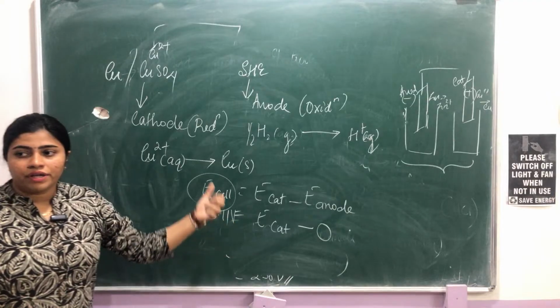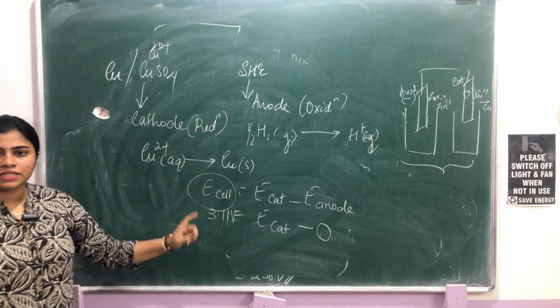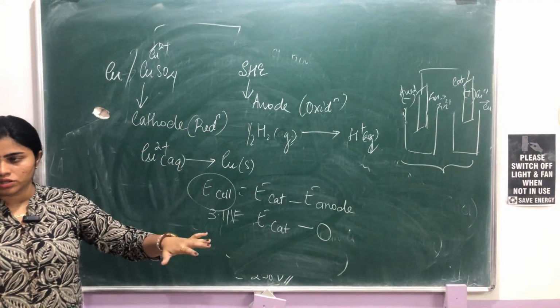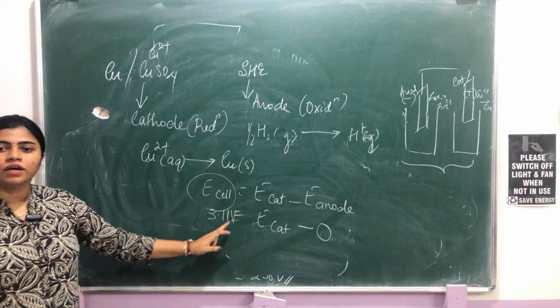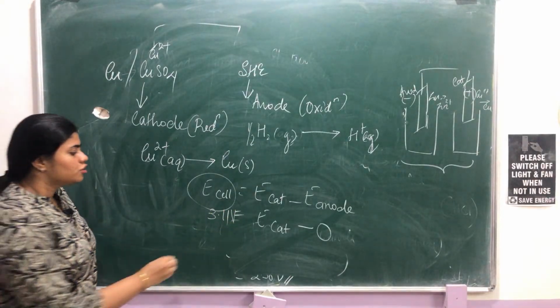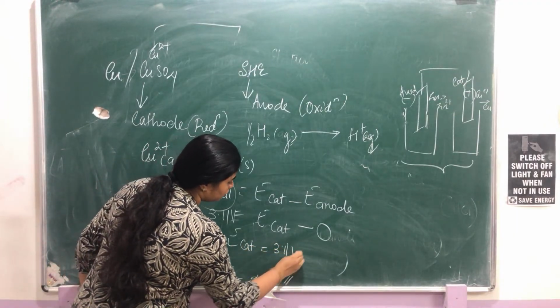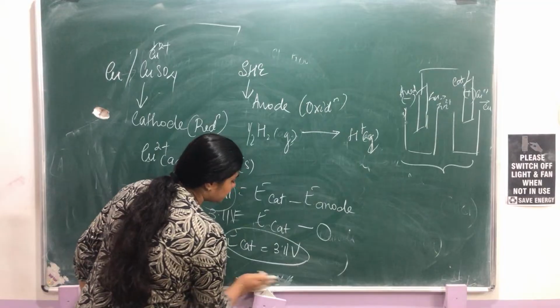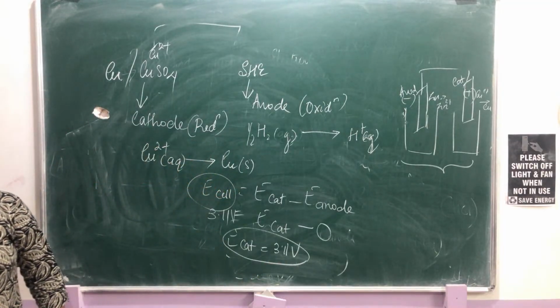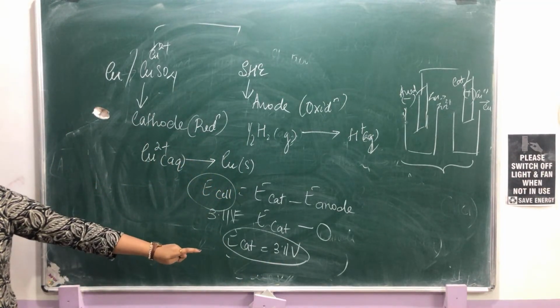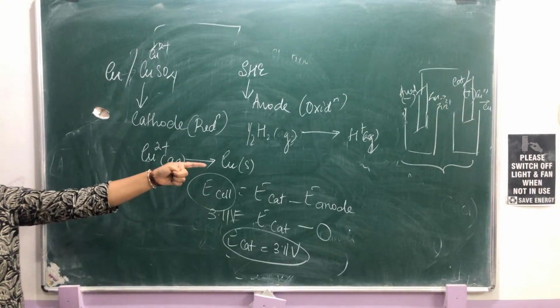When they did the experiment, they realized that the voltage that passed was 3.11 volts. So what should happen to the E cathode value? 3.11. Is 3.11 a positive value? Will the cathode always be positive in a Daniell cell?